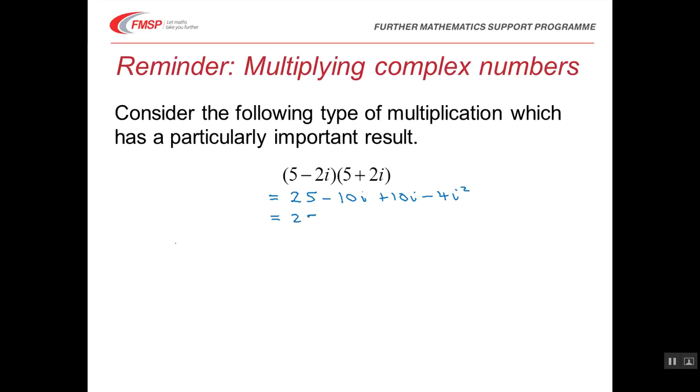So that's 25 minus 10i plus 10i, and i squared is minus 1, so that's plus 4. And the important thing here is that these two terms have cancelled out to leave 29, so we end up with a real answer to the multiplication.